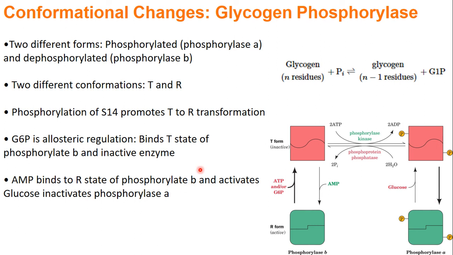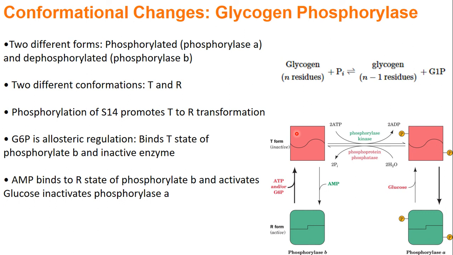Now we do have allosteric regulation of this enzyme as well. G6P and ATP will bind phosphorylase B and favor the T state. And that's because this enzyme is one of the enzymes that go through glycolysis.